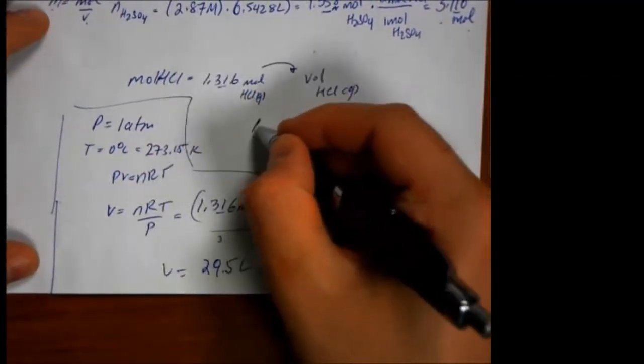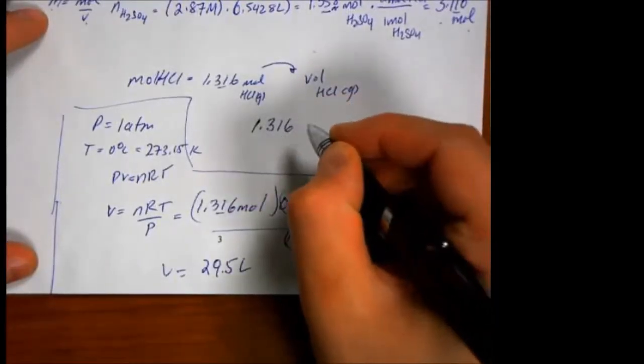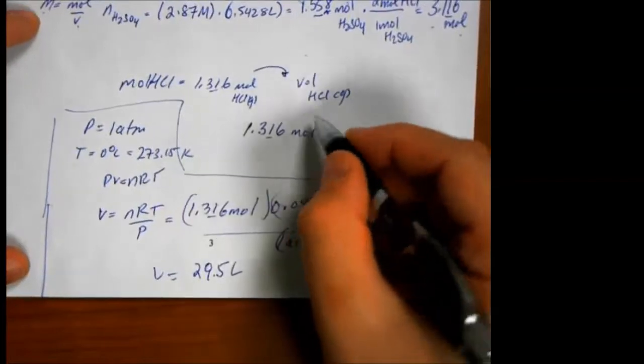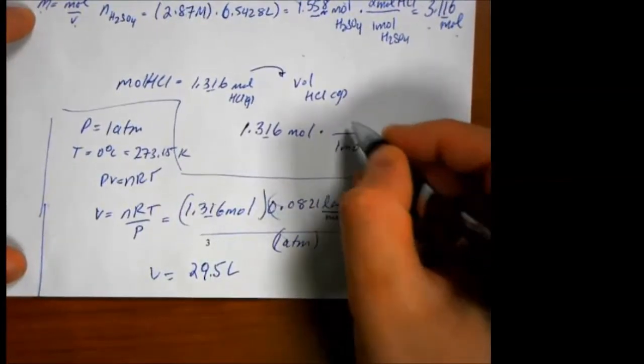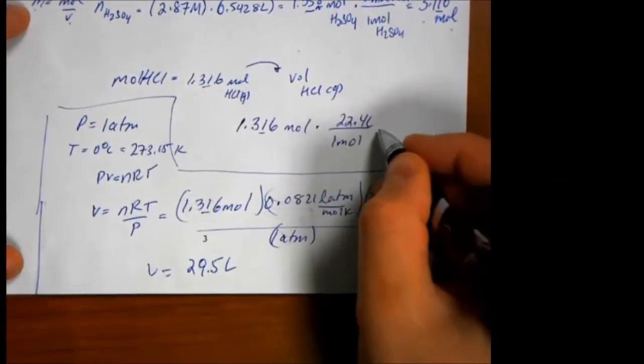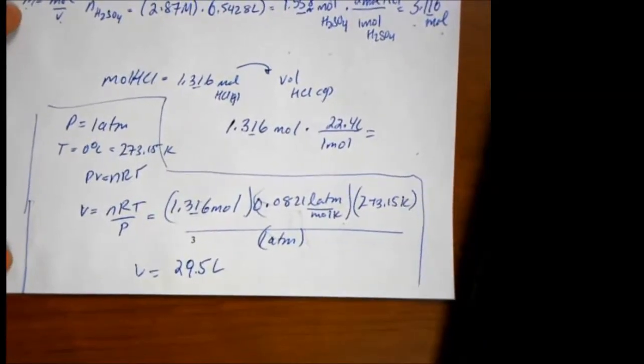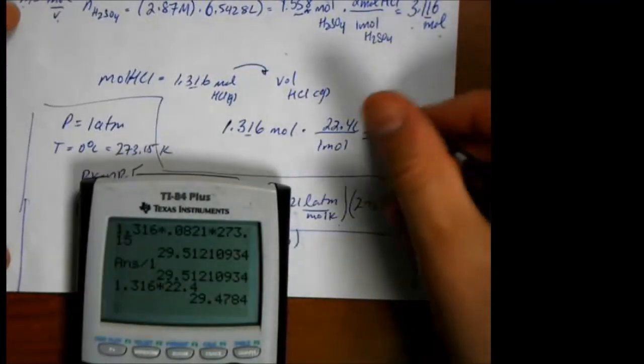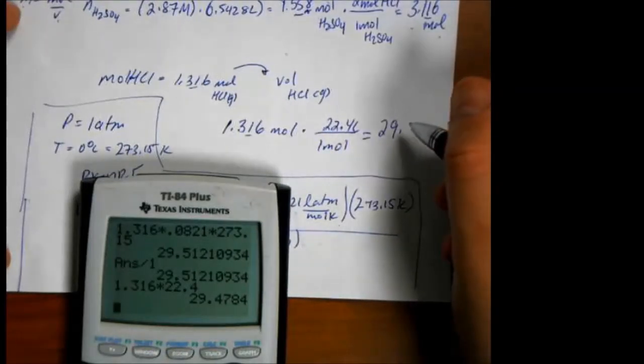But you could also simply have done 1.316 moles, and knowing that at STP for every 1 mole there's 22.4 liters, you'll get the same answer, which is 1.316 times 22.4, and you'll see that you get the same exact answer, 29.5 liters.